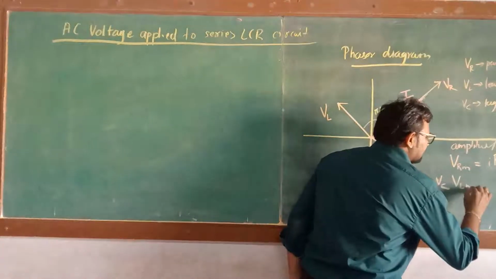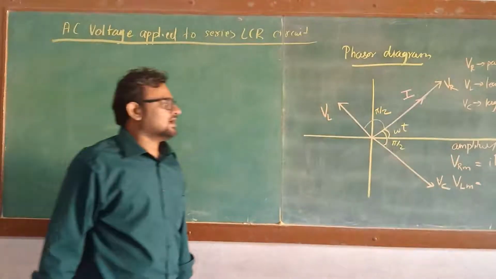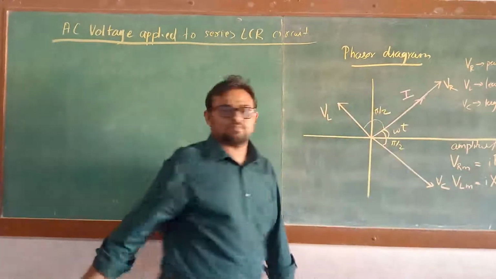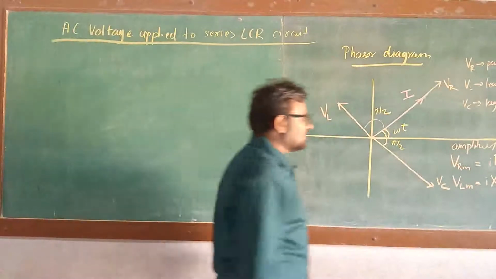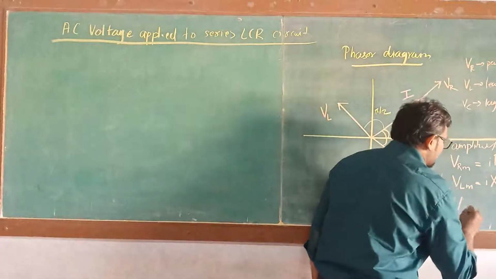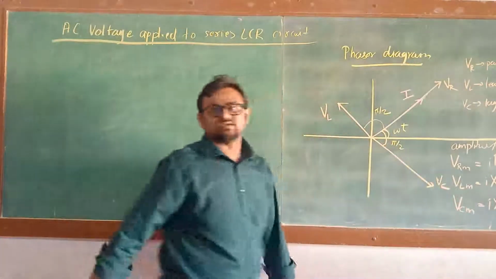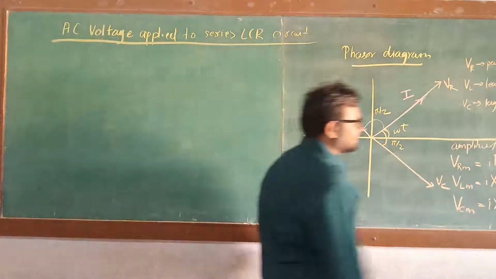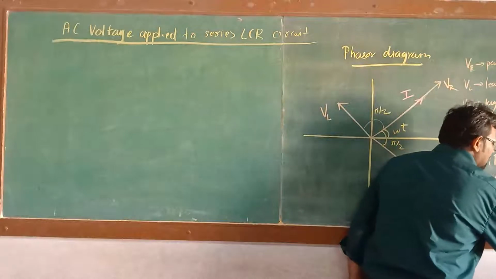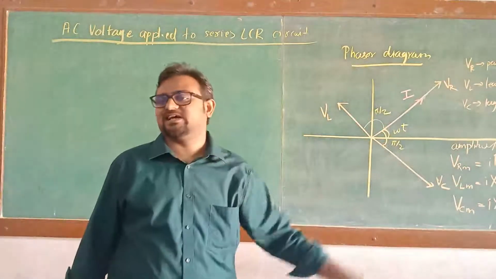Across the inductor it will be I into XL, that is the inductive reactance, and the voltage across the capacitor will be equal to I into XC, where XL is omega L and XC is 1 upon omega C. These are the components equivalent to resistance in the resistor.